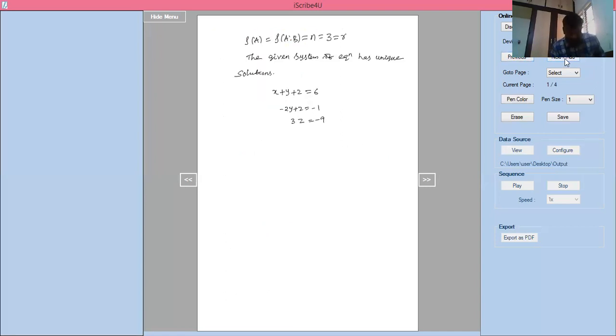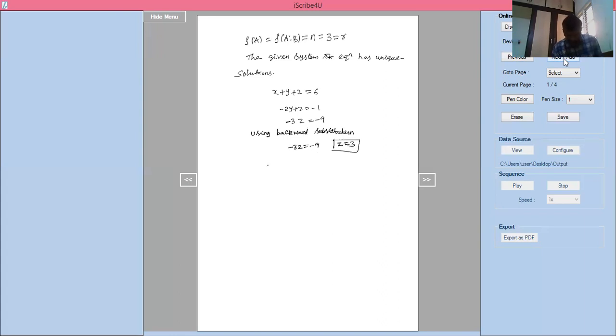Minus 3z equal to minus 9. Now I'll simplify this using backward substitution. I'll write minus 3z equal to minus 9, so z equal to 3.